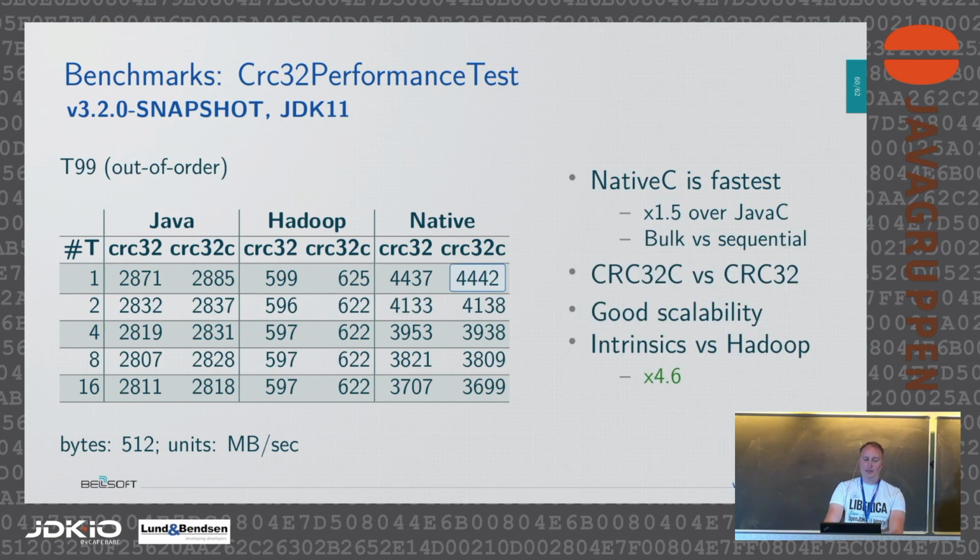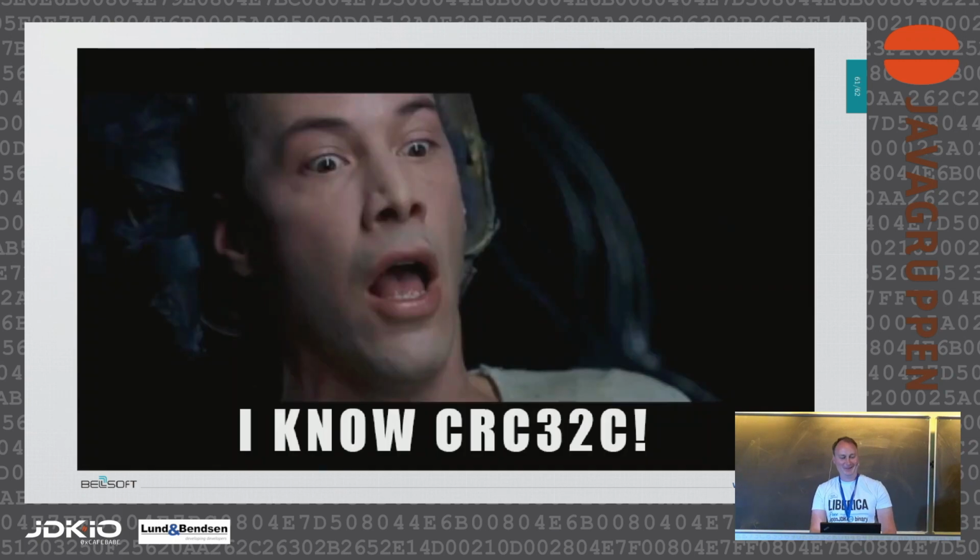And on T99, again, we made a great speedup, all the 4 times. But still, it's preferable to use the native library. Okay, maybe too many CRC checksums, right?